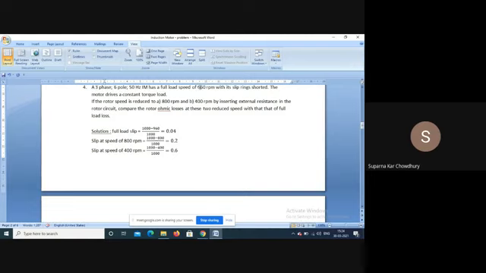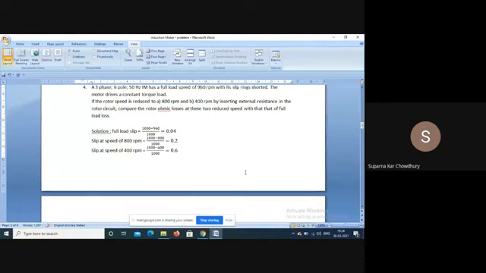If there is a printing mistake, this would be 960, sorry. So the full load speed is 960 RPM. The rotor speed is reduced to 800 RPM and 400 RPM by inserting external resistance in the rotor circuit. Then compare the rotor ohmic losses at these two reduced speeds with that of the full load loss.